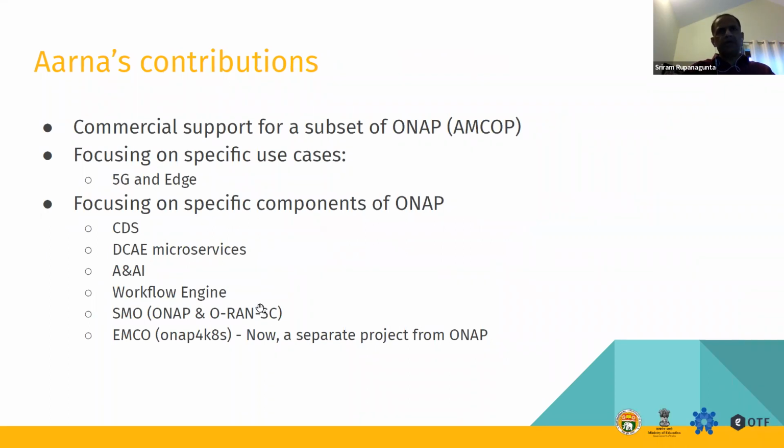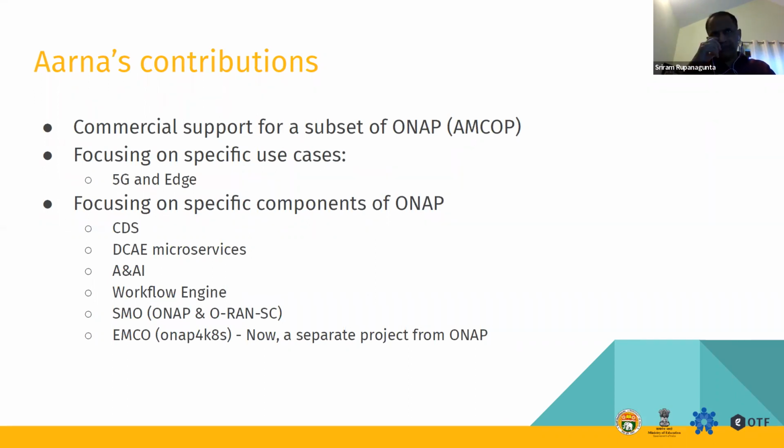Now, lastly, what have we been doing as a company? What is Arna's role in all of this? Essentially, we provide commercial support for a subset of ONAP that we call AMCOP. AMCOP is functionally very similar to ONAP. It does everything that ONAP does, but it uses only some components of ONAP because we focus only on certain use cases, right?